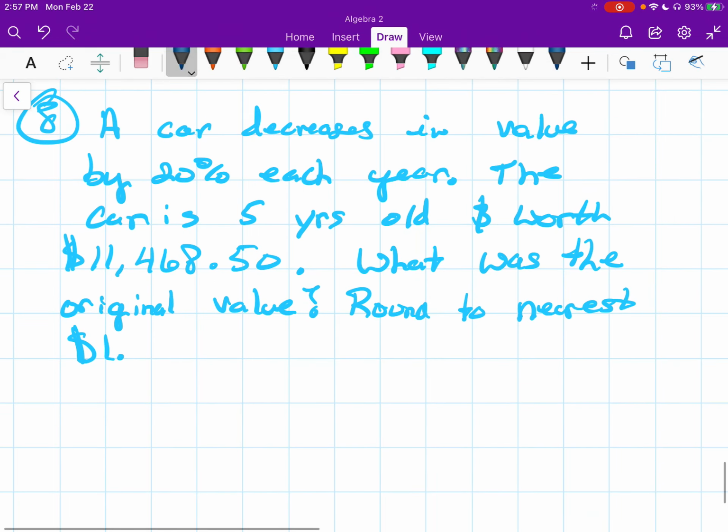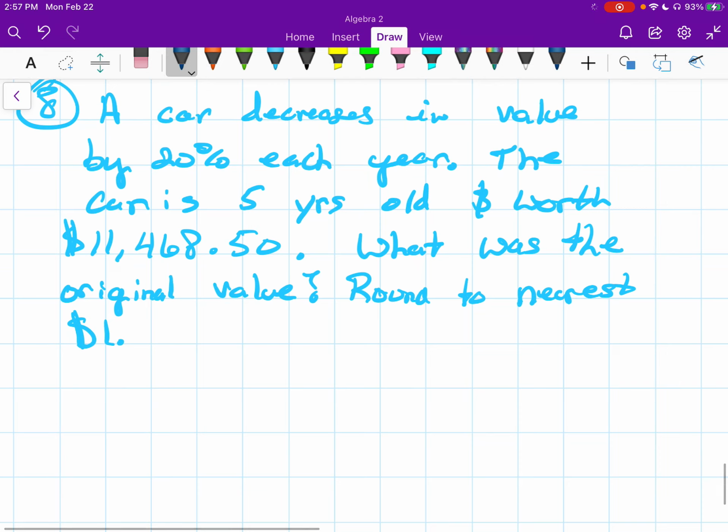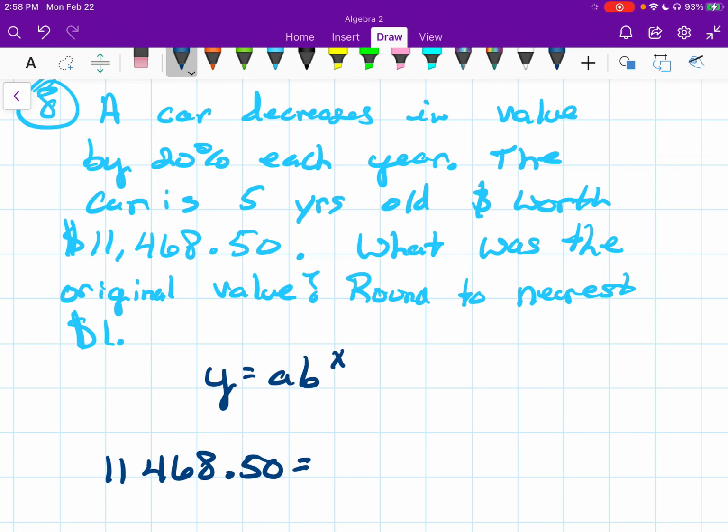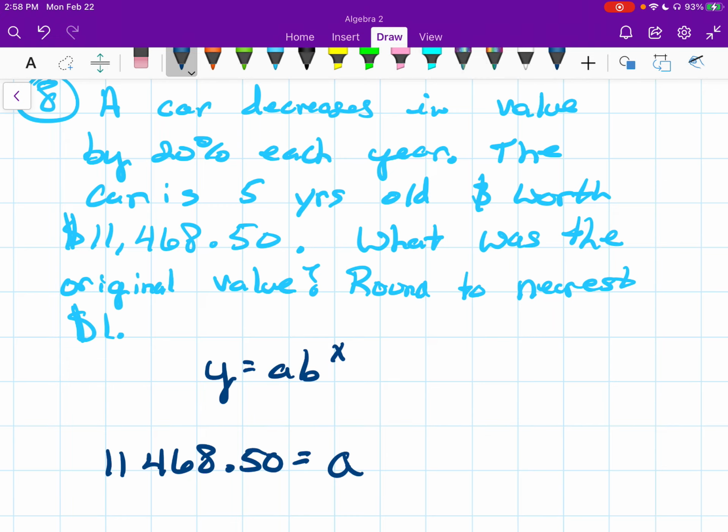So we're going to use our formula y equals ab to the x, and try to plug in everything that we know. We know that right now it's $11,468.50. That's going to be our y. A is our original value, so we're going to be looking for A. B represents how much it decreases every year.